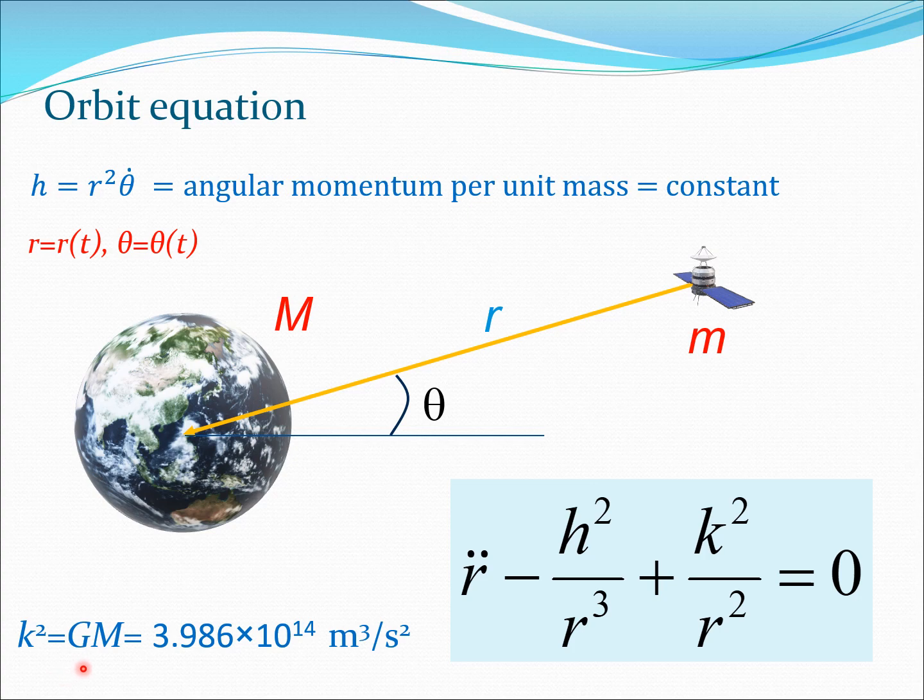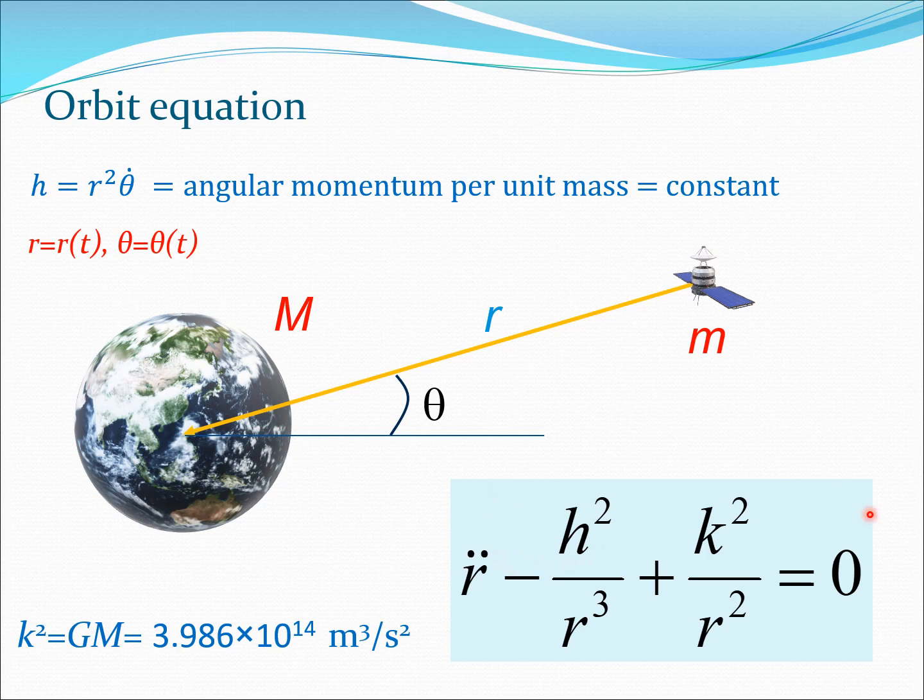K square is GM, that is a constant value. So here M is the mass of the earth, G is the gravitational constant which is there in Newton's law of gravitation, and using these numbers we can essentially find this equation, and we can have some numbers here for k square and h square.